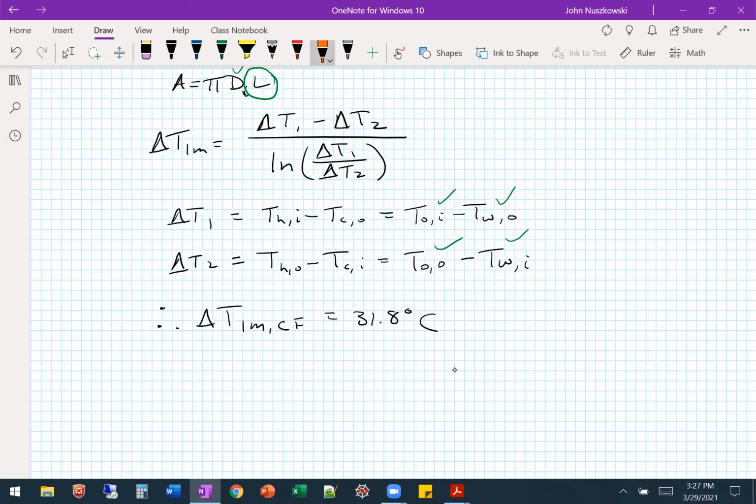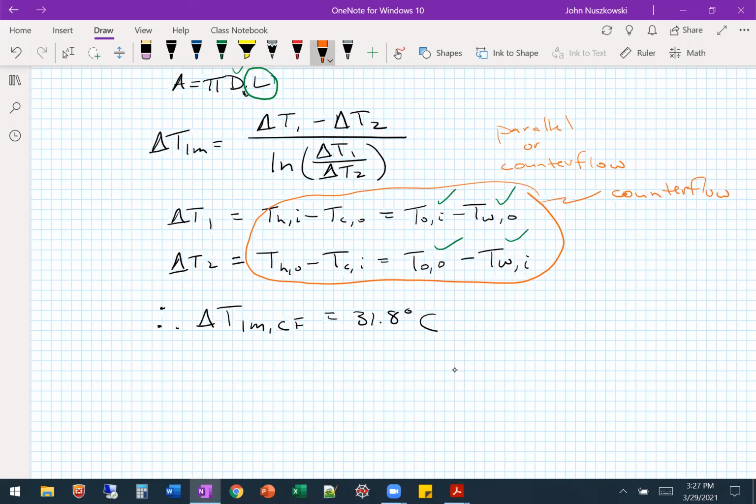This is all for counterflow. The equation for the log mean temperature difference is the same for parallel or counterflow, but what delta T1 and delta T2 are changes depending upon whether you're counterflow or parallel flow.